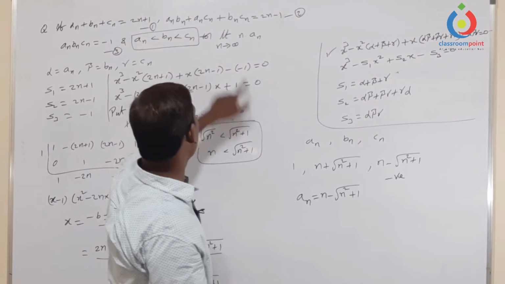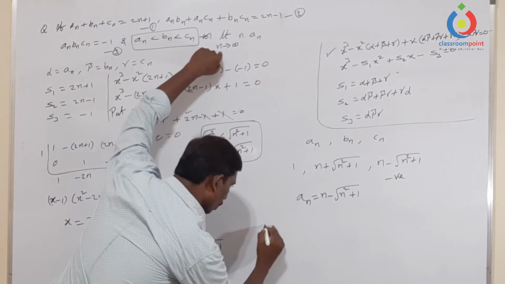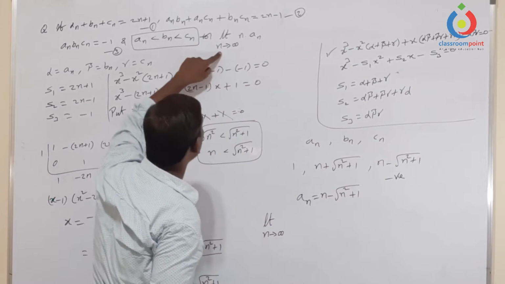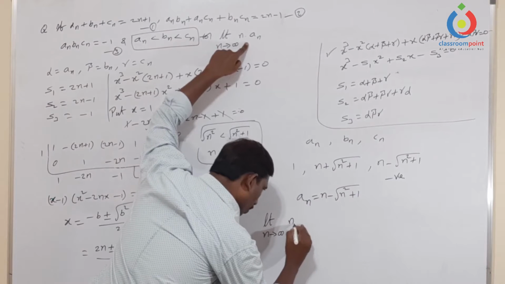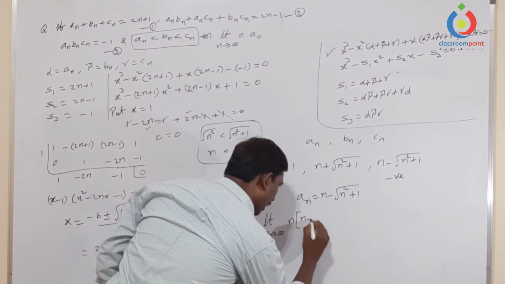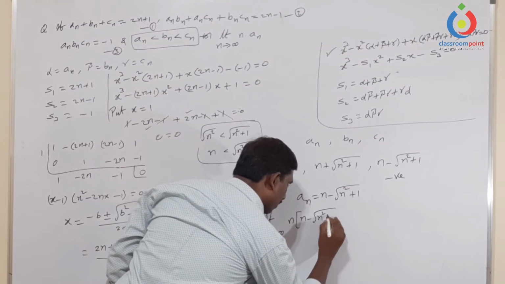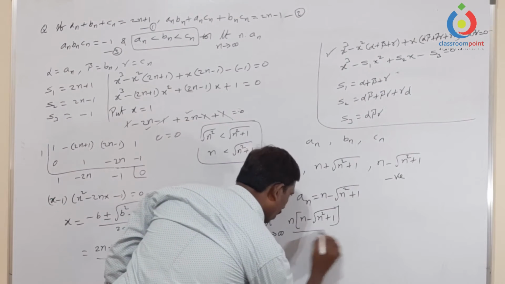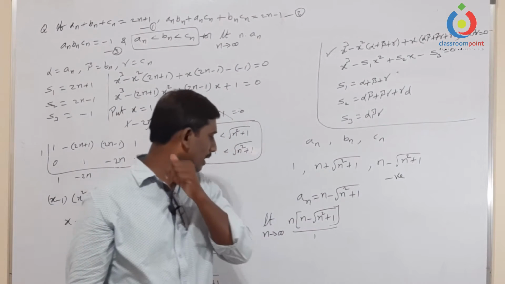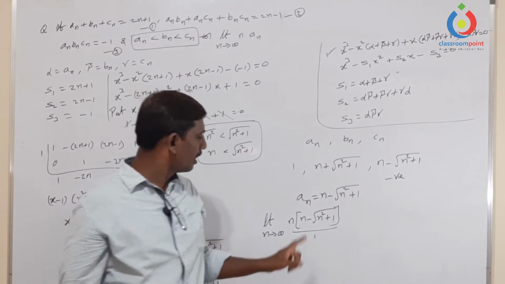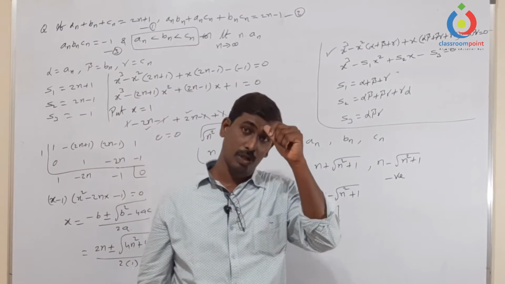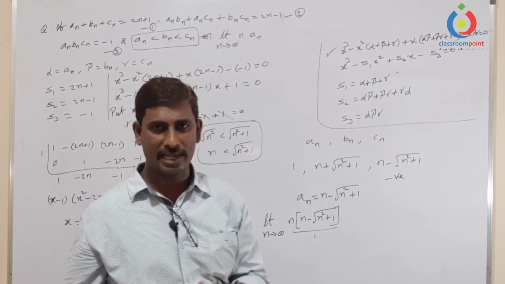Now what do we want here? Limit n tends to infinity of n into a n, where a n is n minus under root of n square plus 1, whole divided by 1. Sir, what to do here? In the earlier sessions, whenever we get two roots or a single root, we use one method, that is rationalize.